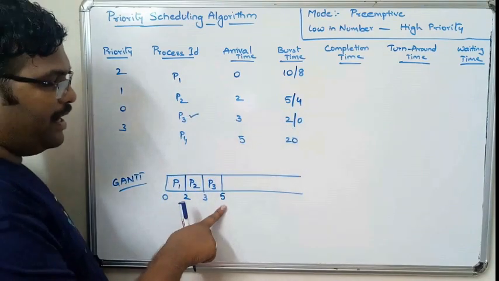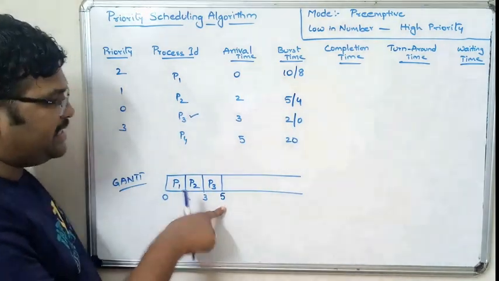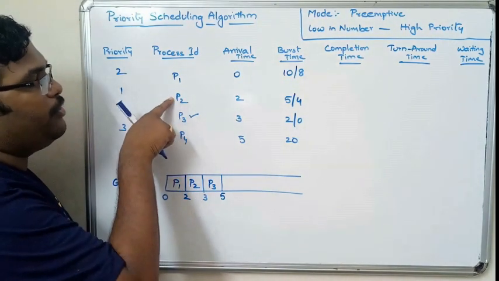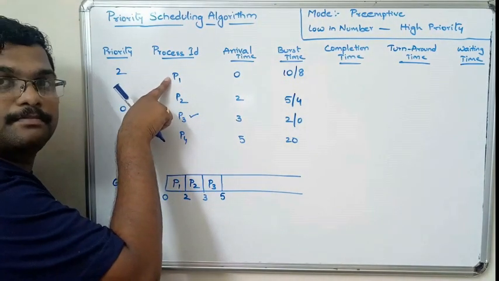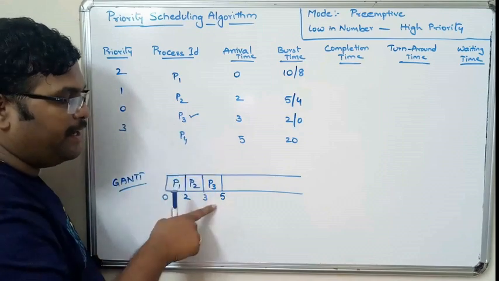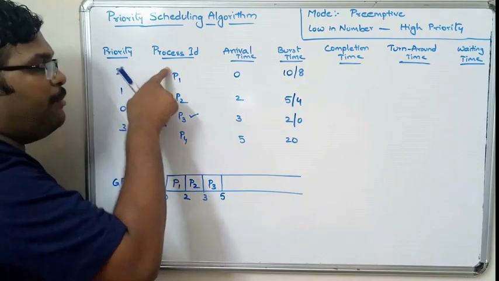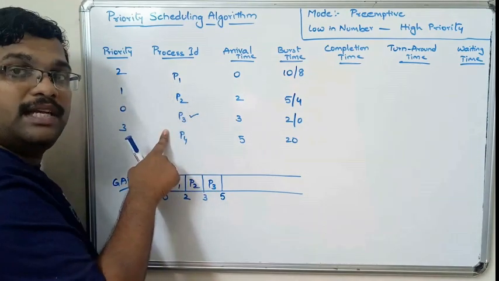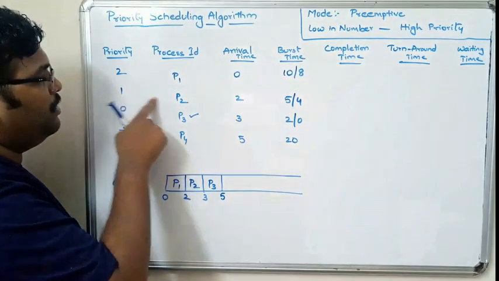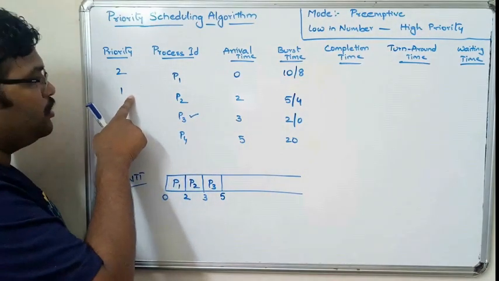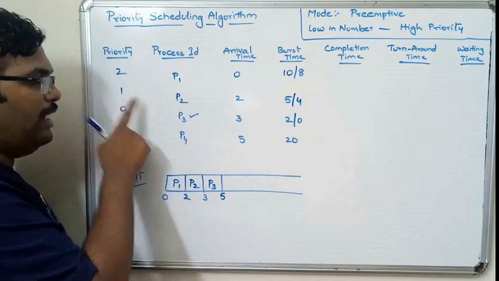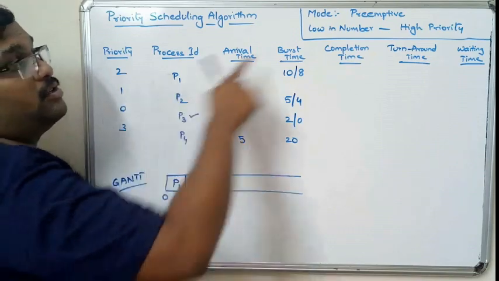P3 completes. Now at the time of 5, what are the available processes? P4, P2, P1. Okay, P3 already completed, so P4, P2, P1. Among these, which one is having the highest priority? P2 is having the highest priority. So P1 is having 2, P2 is having 1, P4 is having 3.